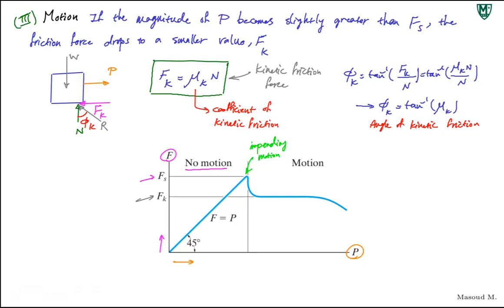That's how I want you to think about a tire of a car or a cylinder rolling on a surface, because those are the cases where you have a moving object. So don't be confused that it's motion. It's all about slipping or not slipping. If there is no slipping, you're good, you don't need to worry about kinetic friction. It's static friction. If slipping is happening, you have kinetic friction.